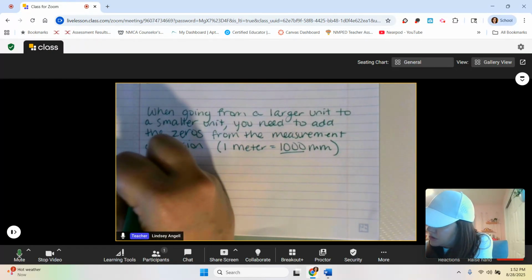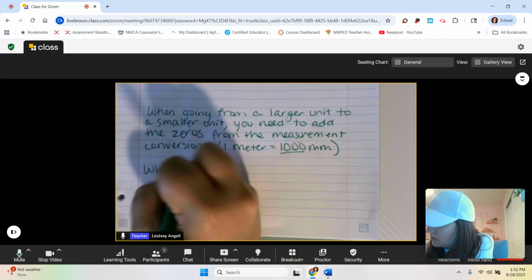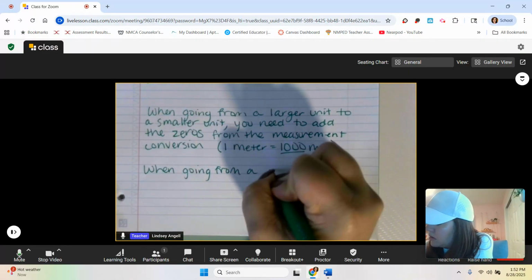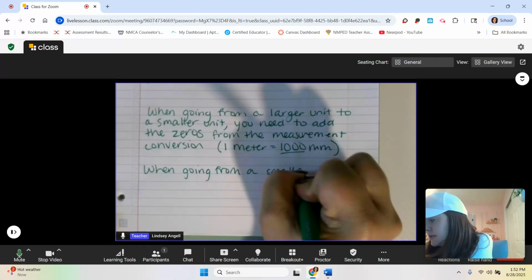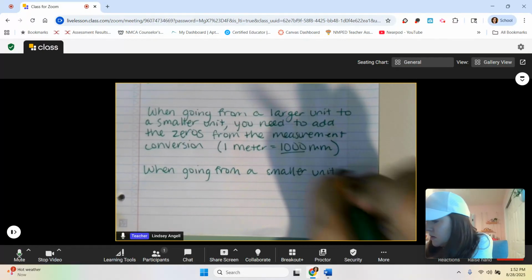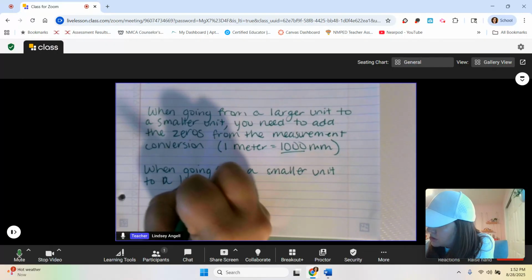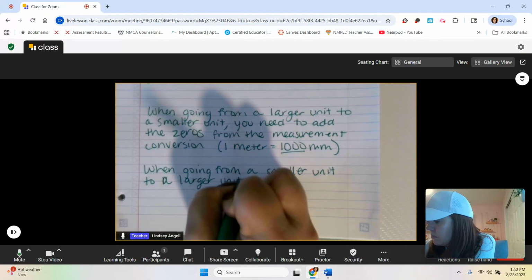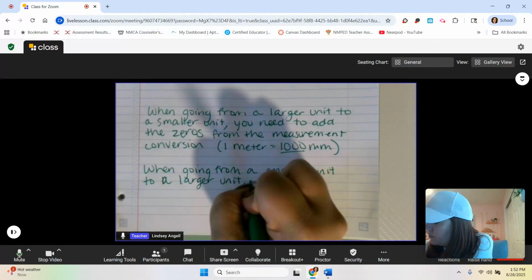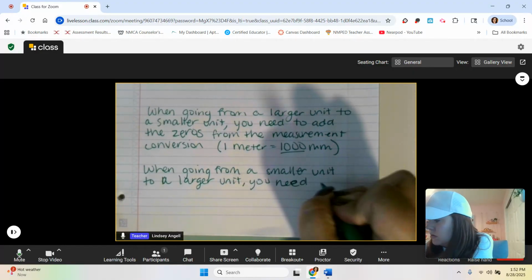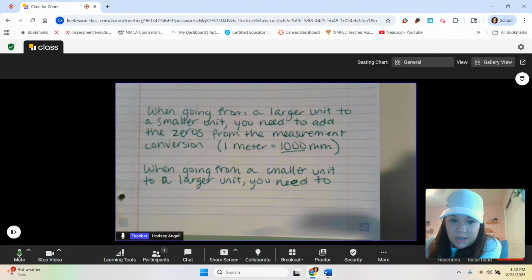Well, the opposite is true as well. When going from a smaller unit to a larger unit, you need to, can you tell my hand is getting tired?